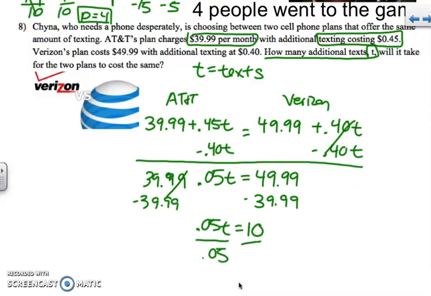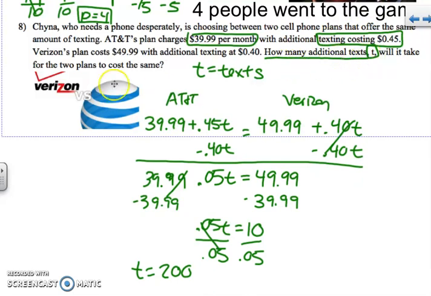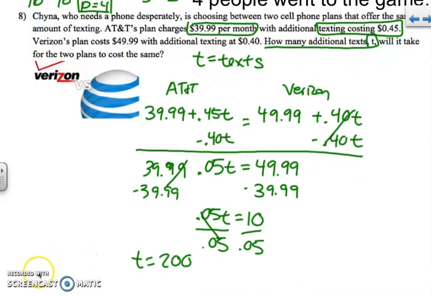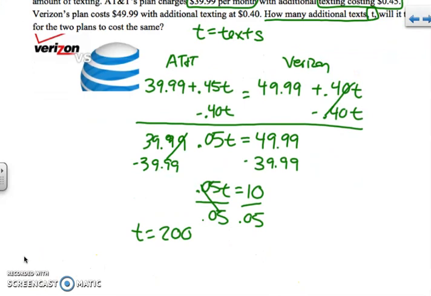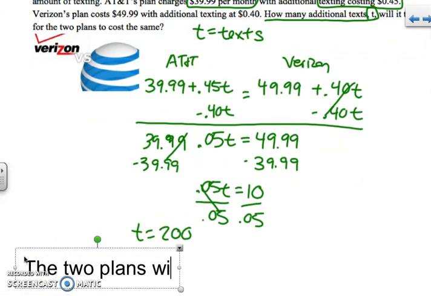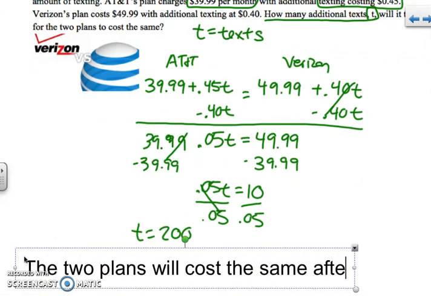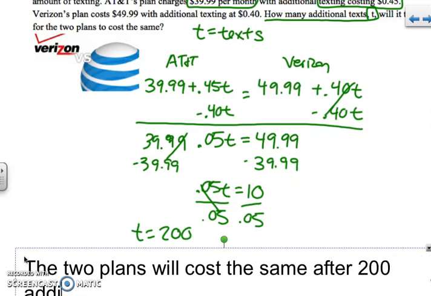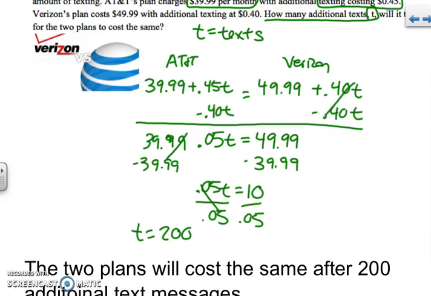Divide by 0.05, and you should get 200. So what does that 200 mean in the problem? My problem was how many additional texts will it take them to cost the same? So we can say the 2 plans will cost the same after 200 additional text messages. All right.